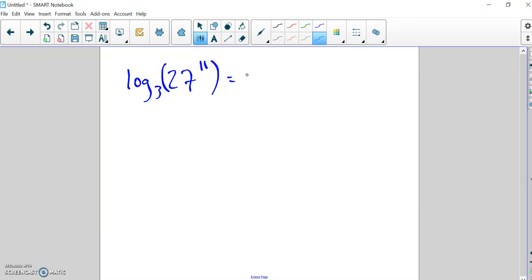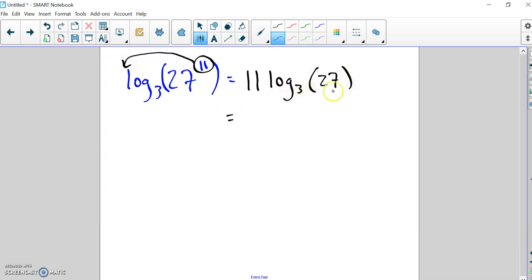However, using the power property, we can still come up with an answer for this, because if I take this 11 and I put it out on the front as multiplication, this would become 11 times log base 3 of 27. Well, log base 3 of 27 is 3. 3 cubed is 27. 3 times 11, we can tell the answer to this is 33.